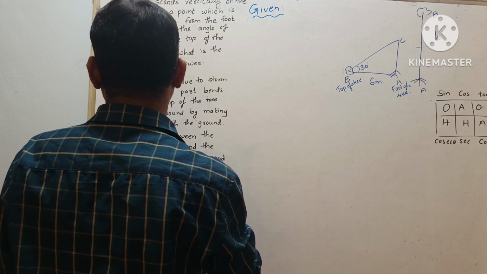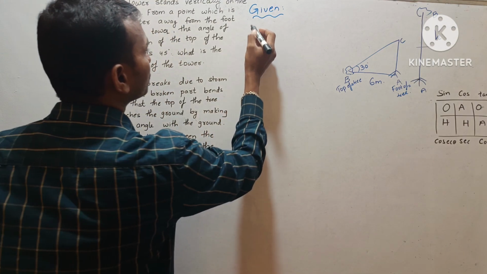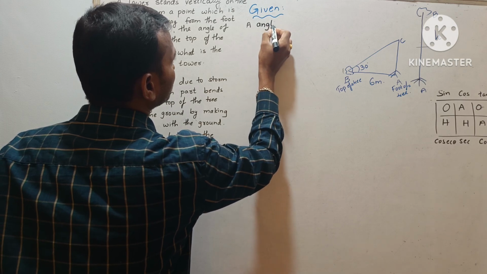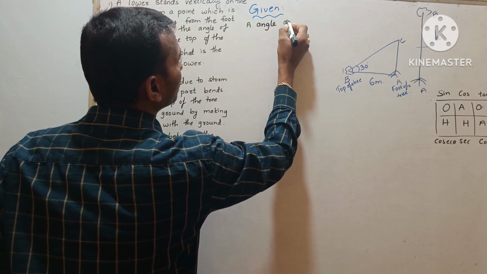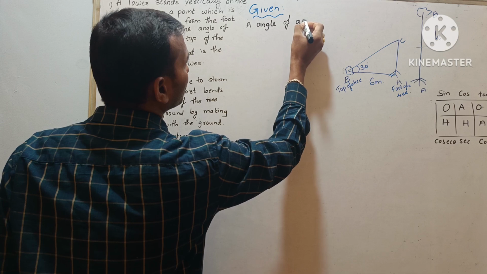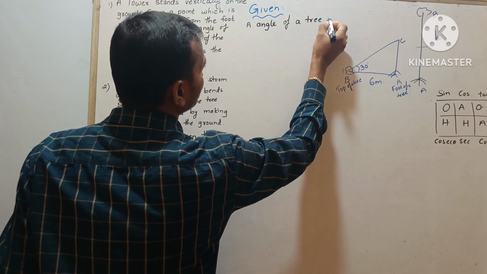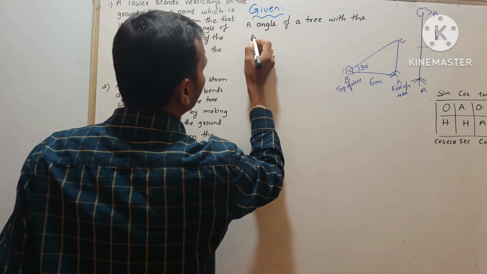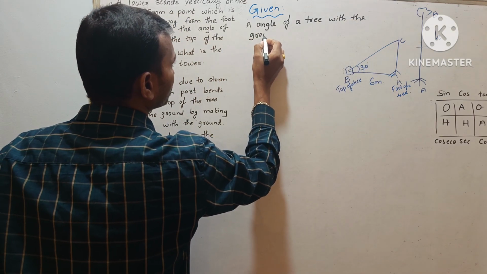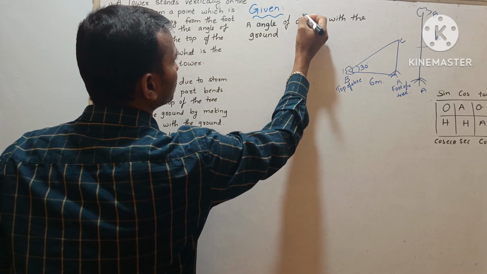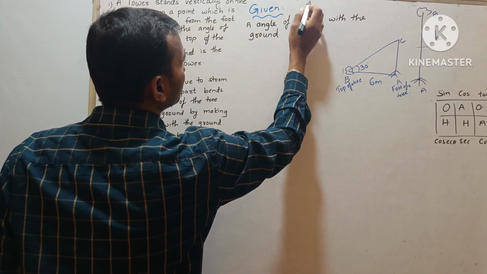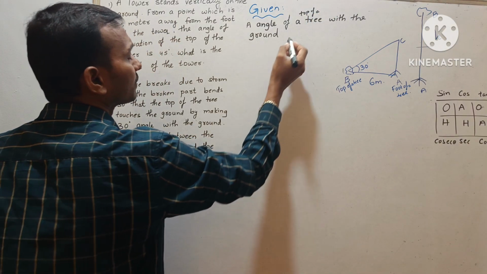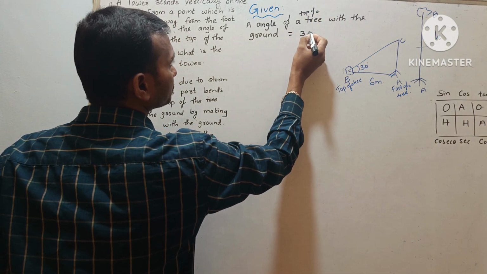What was given: the angle of the top of a tree with the ground is equal to 30 degrees.